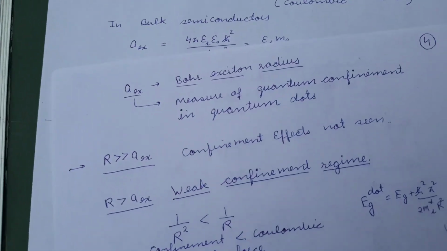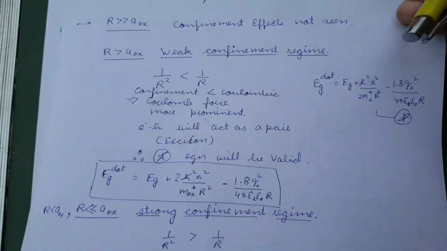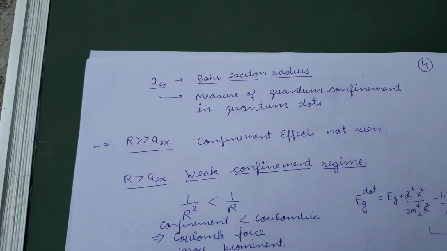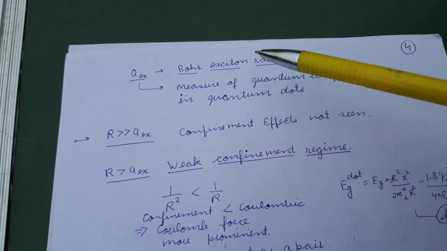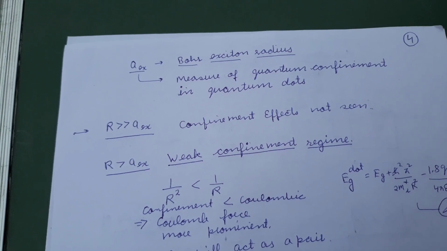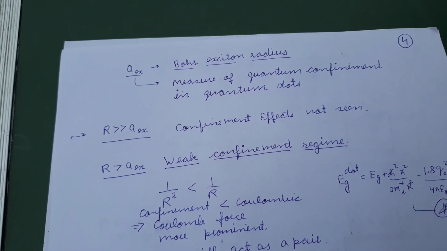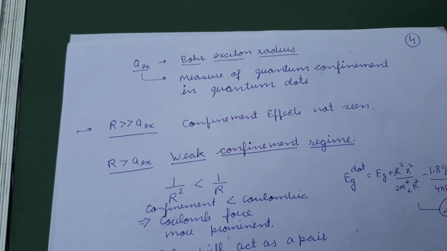The distance between electron and hole in the bulk material is known as the Bohr excitonic radius, and this acts as a good measure of quantum confinement in quantum dots.